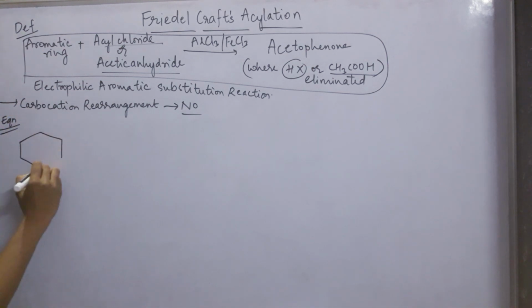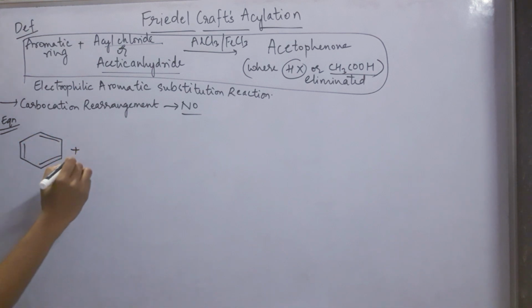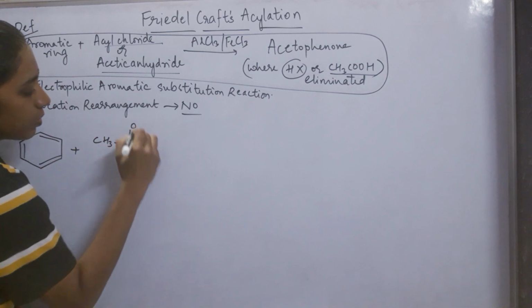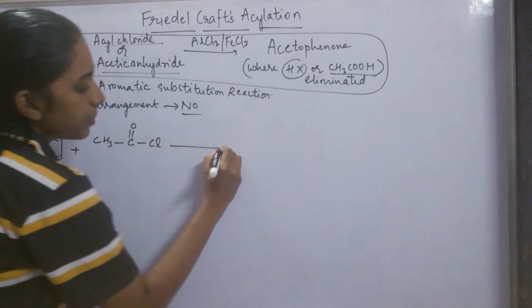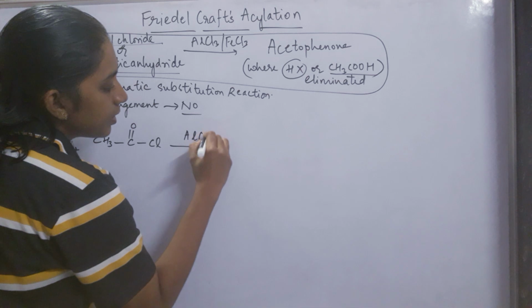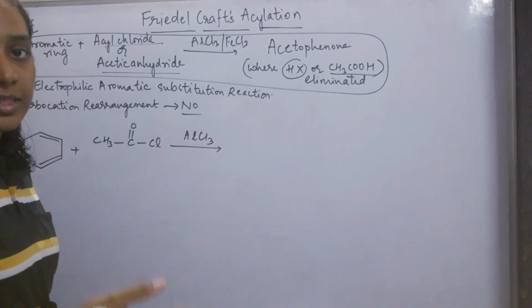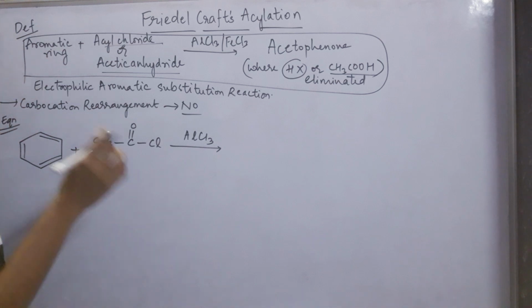Aromatic ring, let us take a benzene. It is reacting with acyl chloride CH3C=O Cl in the presence of AlCl3 Lewis acid. What is Lewis acid? Chemical species that accepts a pair of electrons is called a Lewis acid.